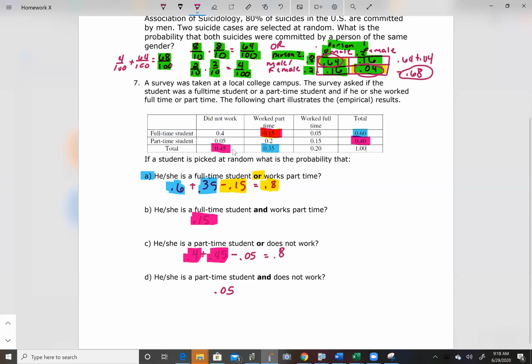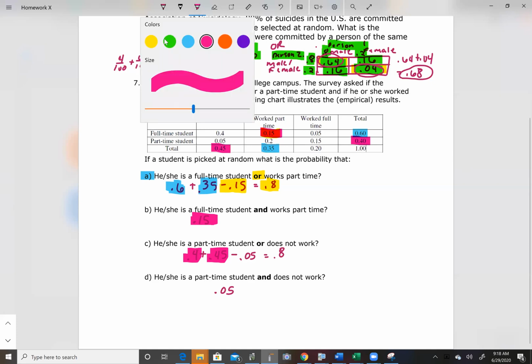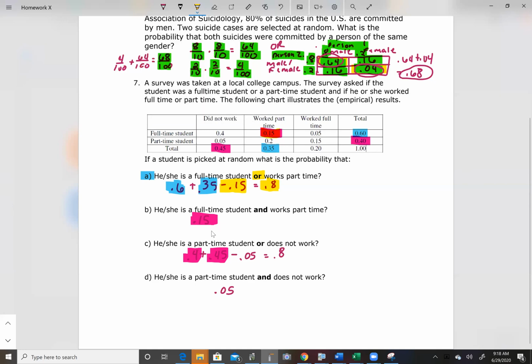So we're going to add those 2 together, but then, just like we did before, we are going to subtract out the box that we added twice, which was 0.05. If you do this, that should still add up to be, double check my math, I did this in my head, 0.8.